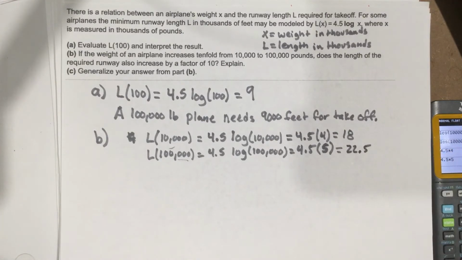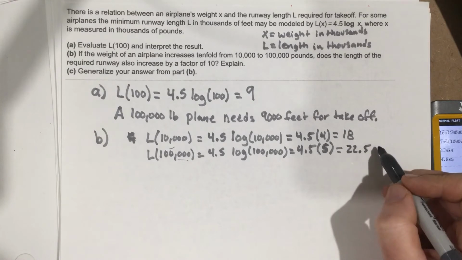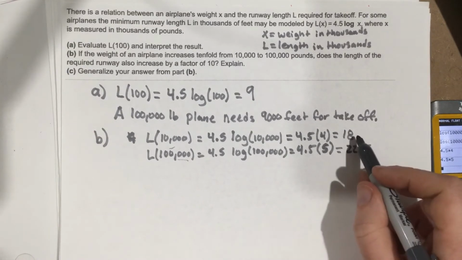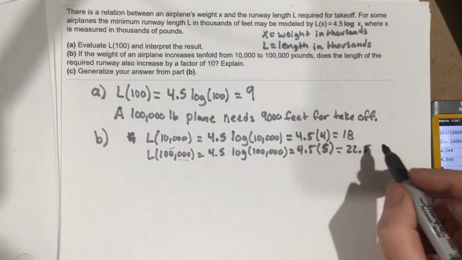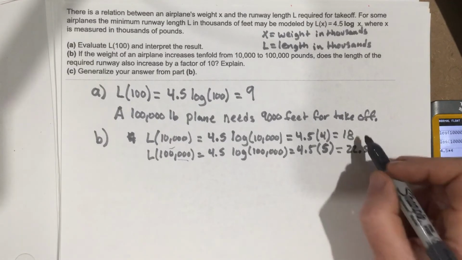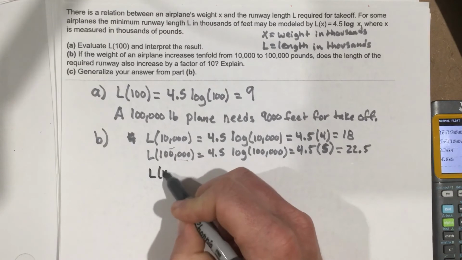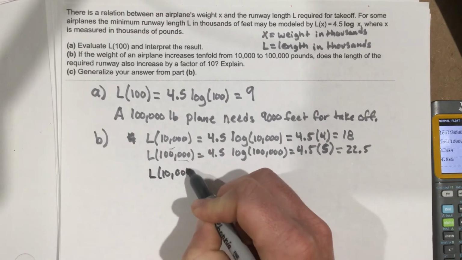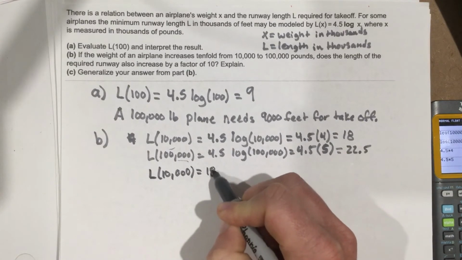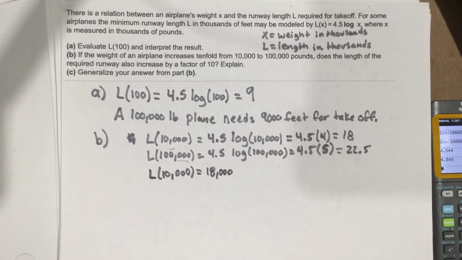Remember this is in thousands of feet. So L of 10,000 is 18,000, right?